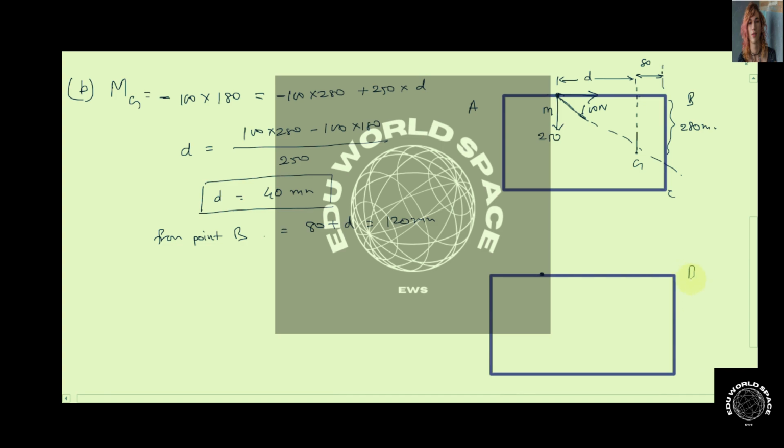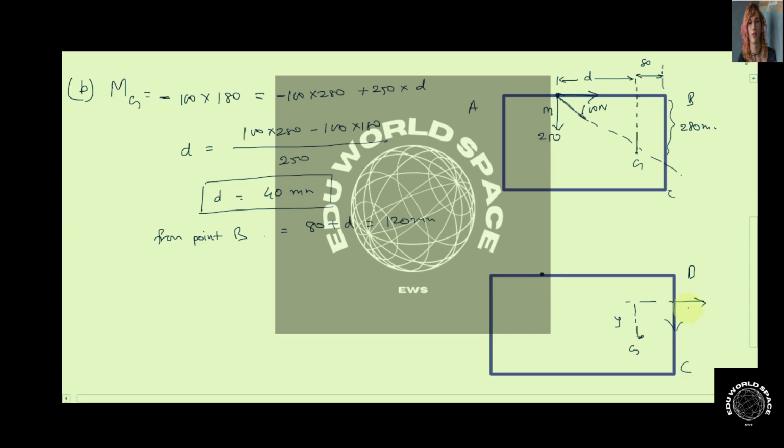So this is B and this is C, and this was point G. Let us say that our resultant force is intersecting the side BC at a distance, let us say Y above the point G.